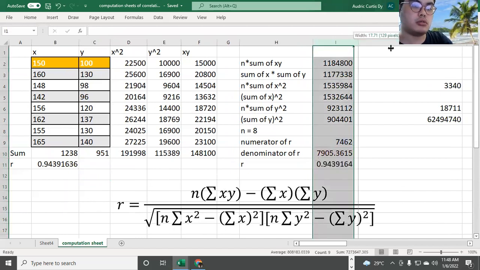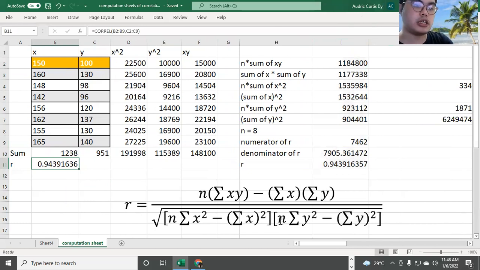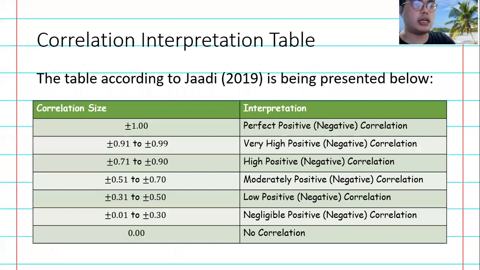As you see, this is matched. Since our coefficient is 0.94, we can use the table here. We can tell that the correlation is very high positive.